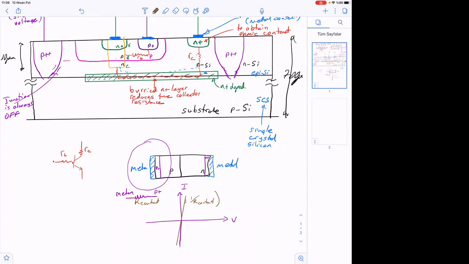If we have P plus, then our contact resistance is very small. Is that clear?